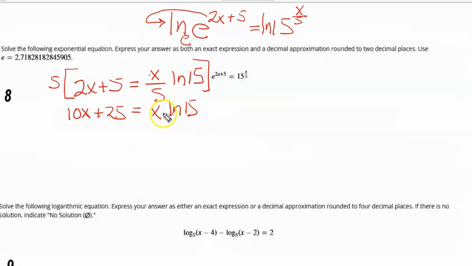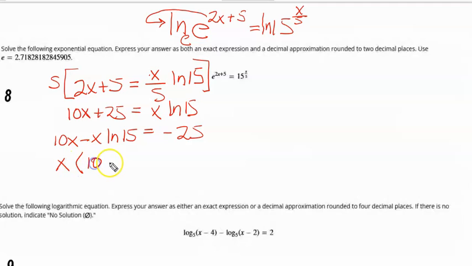We've done some similar to this. We're going to take our x over to the other side. So this is 10x minus x, natural log of 15. Transpose this positive 25 over to this side as a negative 25. Factor out the x's here.